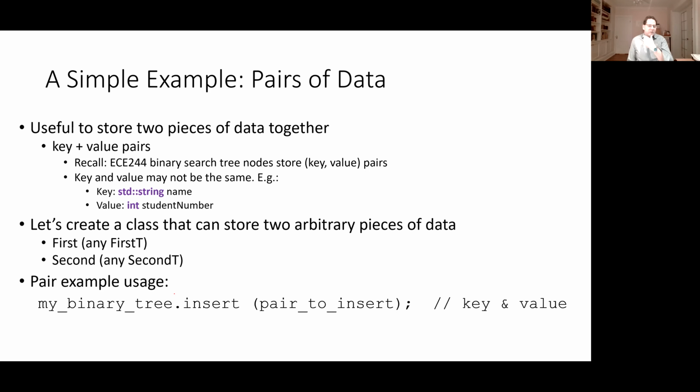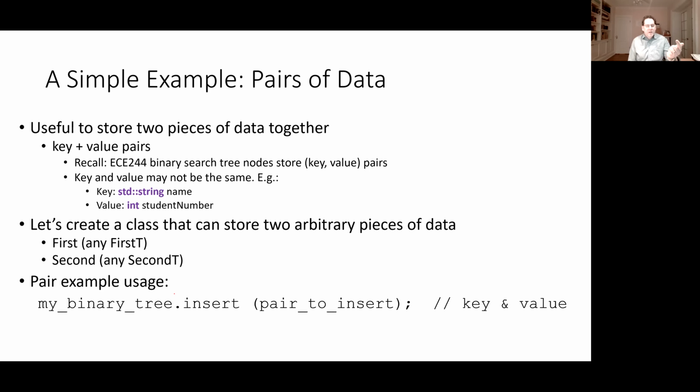So it's often useful to store two pieces of data together. And the number one reason you would do this is what are called key value pairs. So in ECE 244, you learned about binary search trees. And in those, every node in that tree stores two things, a key and usually a value. Okay, so it has to store at least a key, but usually there's also a value.